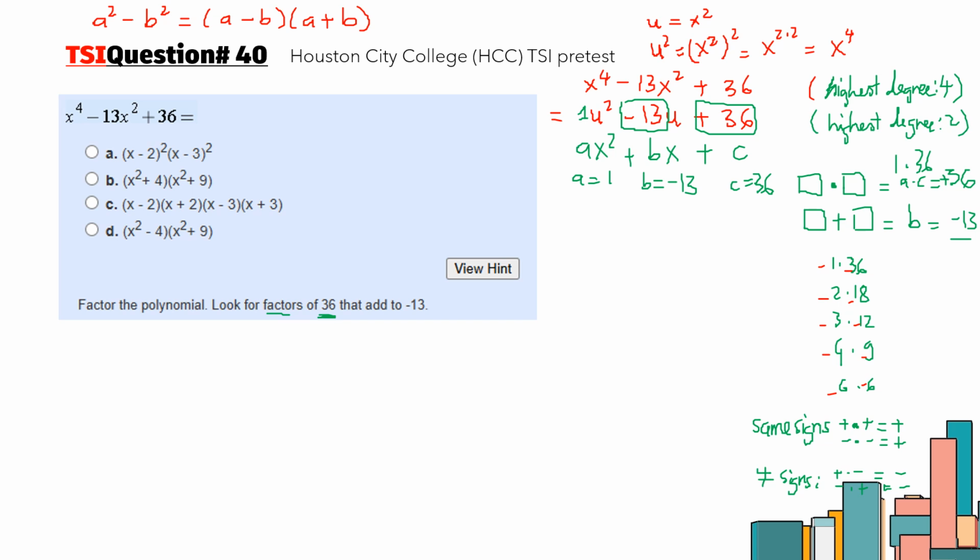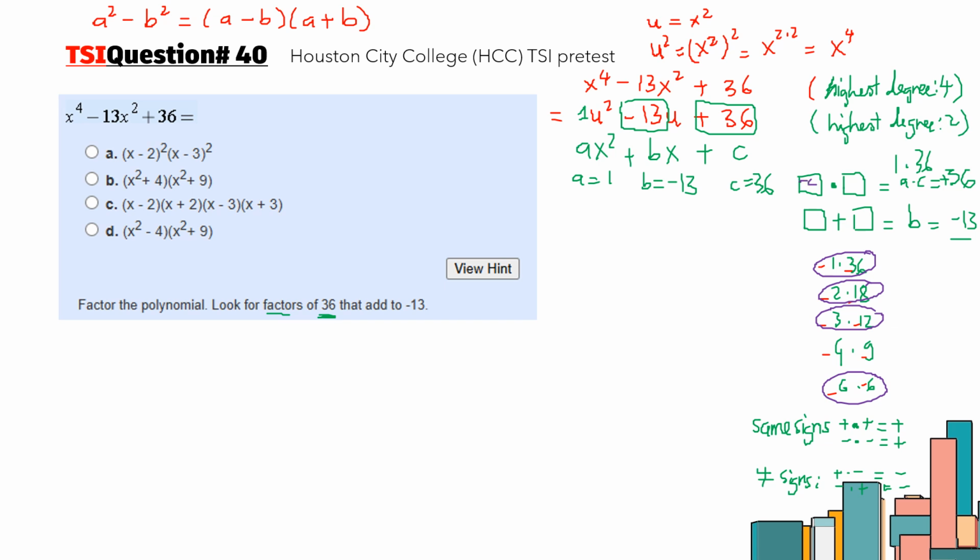Now you choose which one adds up to -13. This one is too far away, this one too far away, this one too far away. This one is -12, not right. So the pair that adds up to -13 is -4 and -9.